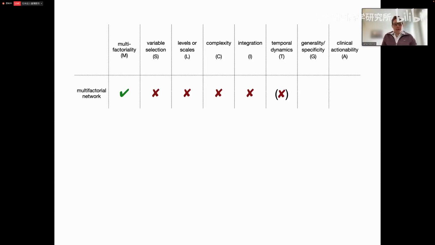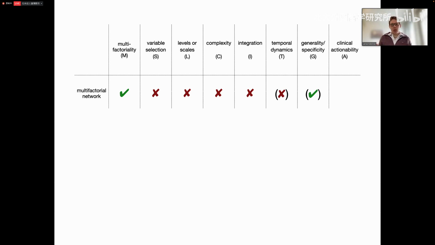Now, when it comes to generality versus specificity, there are two things you might want to say. On the one hand, you could say the overall structure of the symptom network is general, while the specific pattern of connections, including the strength of specific connections, is different between individuals. And that way, you could at least, to a certain extent, address the generality versus specificity challenge. Another answer you might offer in response to this challenge is that we can create these models based on between subject versus within subject data. If it's between subject data, they are more like general models.